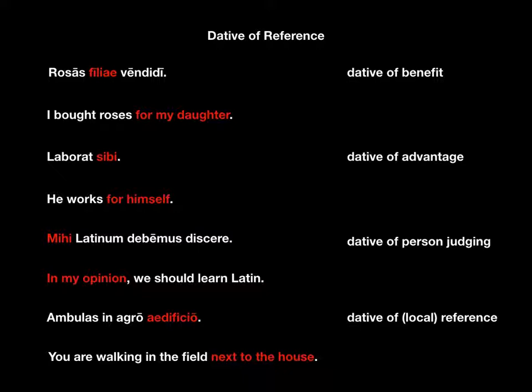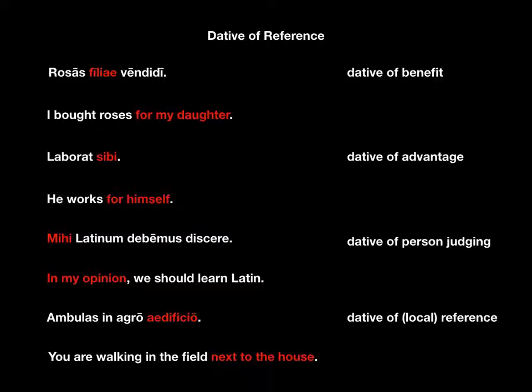And then the other one that we want to focus on is actually a pretty broad category of dative. It's a special use of the dative called the dative of reference. And there are a lot of subcategories of it. And again, don't get bogged down in the idea of being able to label specifically any of these examples. You just need to know that there's such a thing called the dative of reference.